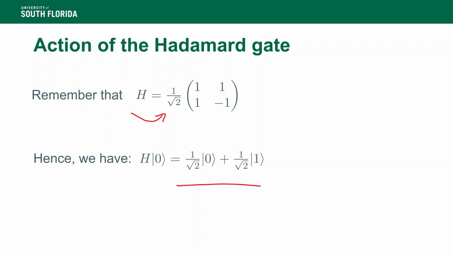And this is exactly a uniform superposition of all the elements, well, 0, 1 in this case. So this is the simplest uniform superposition that we can make.